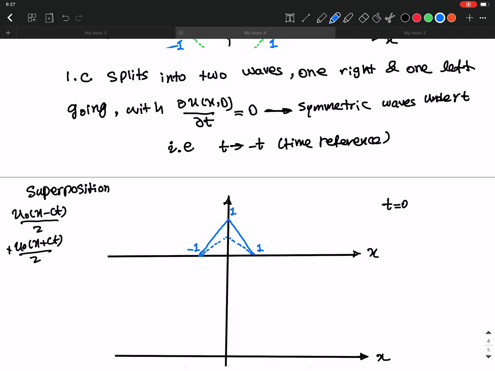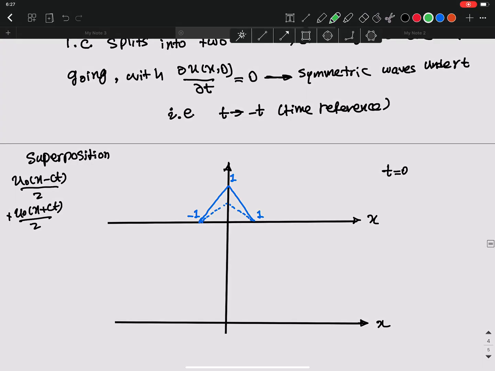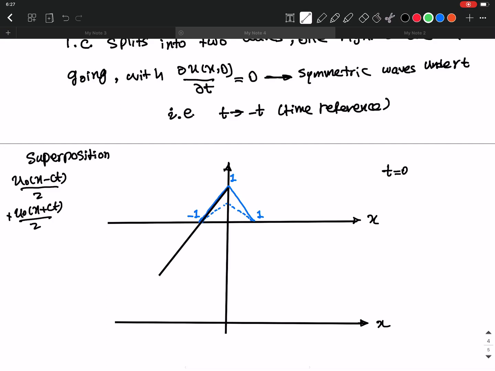Okay, so I want to show what happens as we go further in time. Let me draw this. We just continue this, and then this one too, the same thing for the other one.